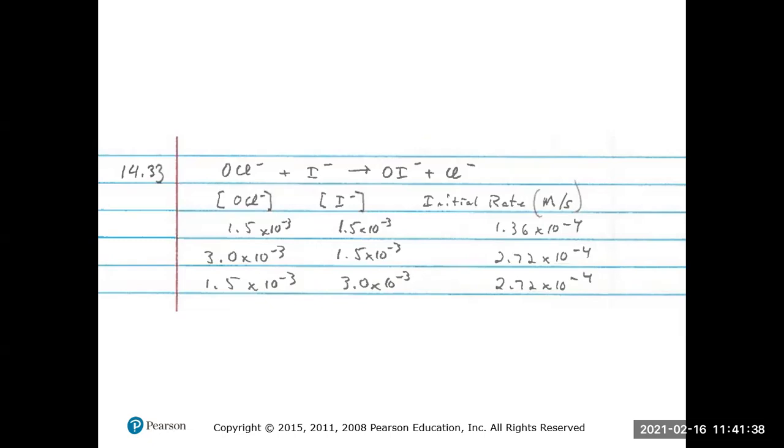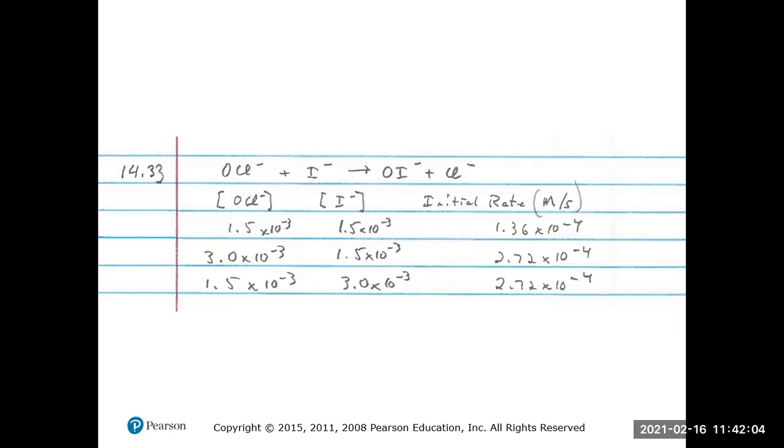And this will allow us to figure out if we have first order or not. So if we take a look at the OCl minus, we see that in the first experiment, it's 1.5, and the second is 3.0 times 10 to the minus 3 for the concentrations. So we've doubled the concentration of that. The I minus concentration we've held constant at 1.5 times 10 to the minus 3 for the two of them.